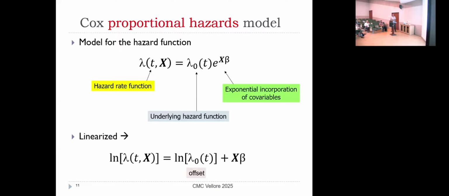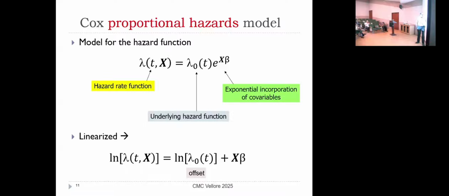And so this third reason is that if I linearize it, if I take the natural log of the hazard, what happens? This now goes back to the trigonometry in high school. The log of a product is the sum of the logs, sorry.